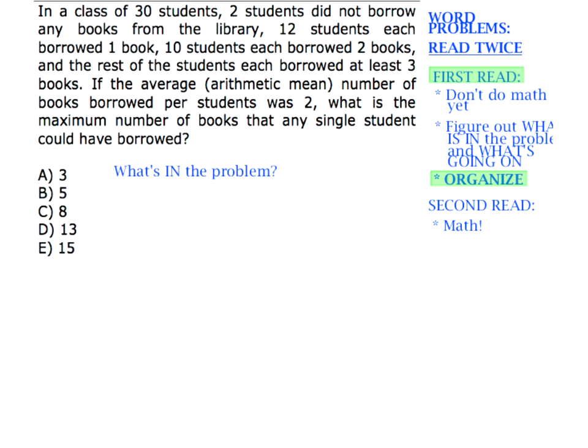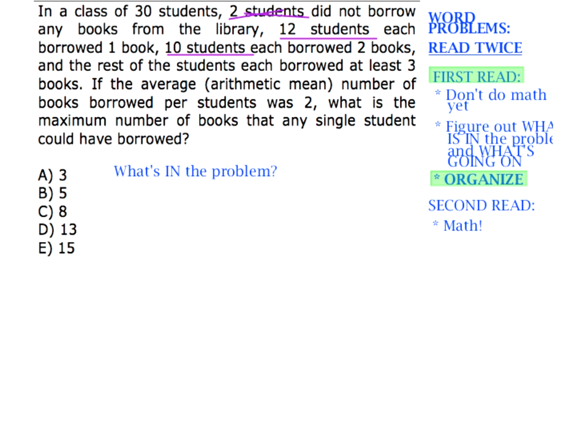If you've ever taken a statistics class, you've seen this called a frequency distribution or whatever they call it. But you've got numbers of students who correspond to certain numbers of books borrowed.